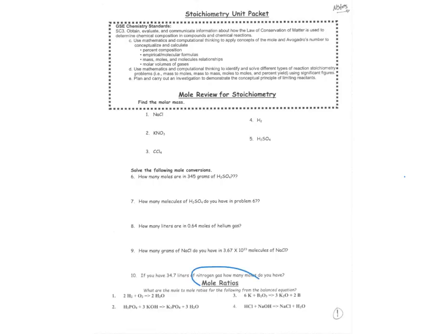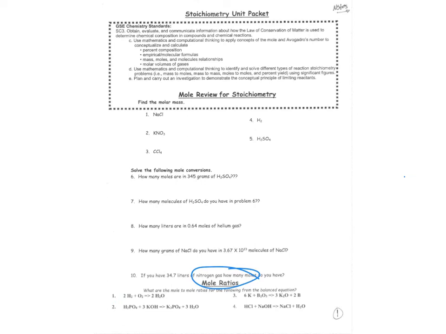So on your mole ratio worksheet, I'm going to ask you to use the following balanced equations to write the mole ratios. I'm going to do the first one for you because, number one right here, I want you to see how many possibilities there are and basically what to do.